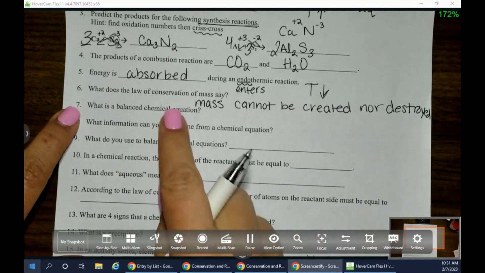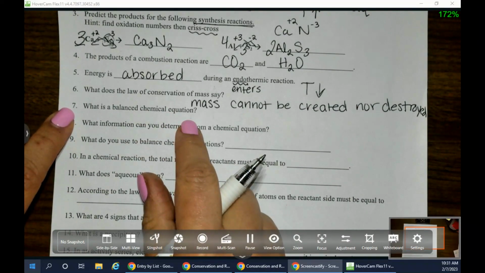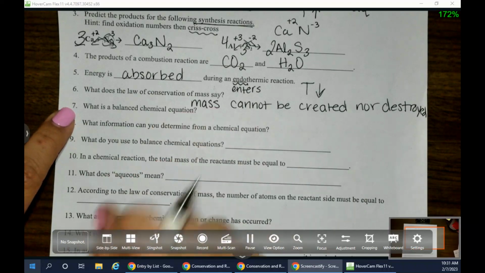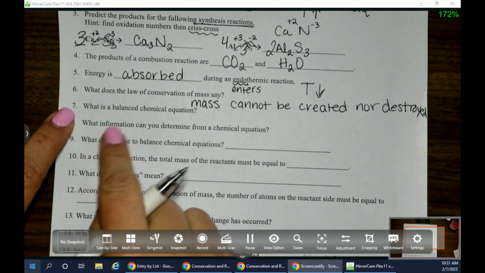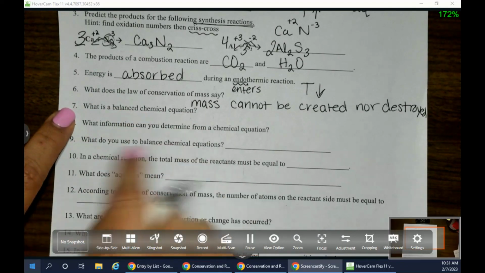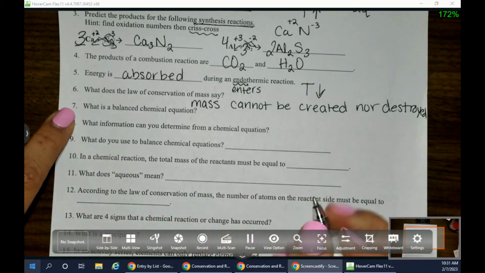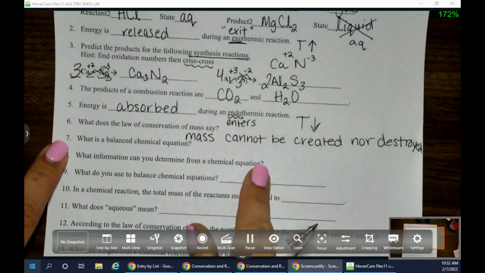All right, what is a balanced chemical equation? What has to be equal on both sides, besides the mass? Because you guys didn't know that beforehand, before today, right? What have you been doing to balance your chemical equations? What has to be equal? The number of the element.